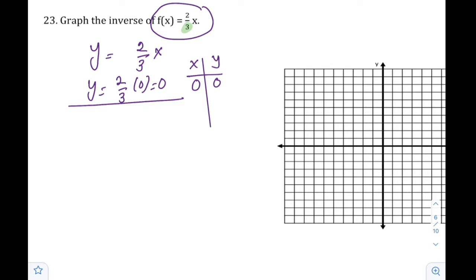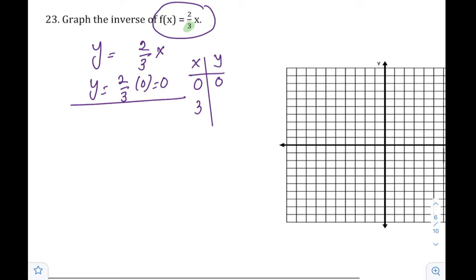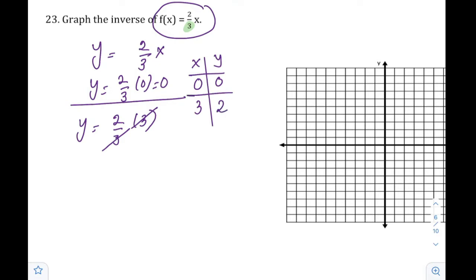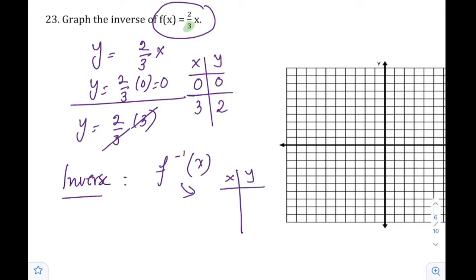3, 6, minus 3, minus 6. So I will choose 3. Why? You'll see that 2 over 3 times 3, this cancels that. Only we are left with 2. So we have now 2 points. Now this is a table representing the original function. So the inverse, which we call f inverse of x, will have the table reversed: 0, 0 and 2, 3.